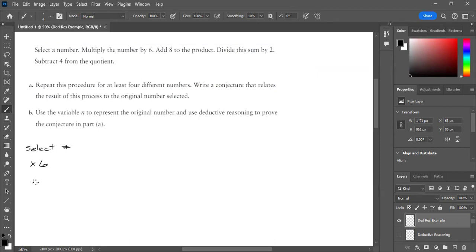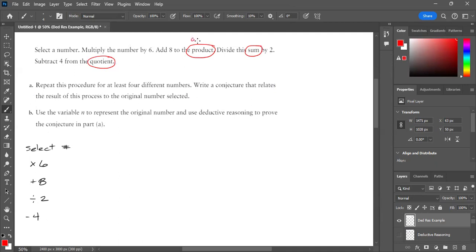And then they want us to add 8 to the product, divide that sum by 2, and subtract 4 from the quotient. Now, we used some words up here I want to make sure we talk about. Product, sum, and quotient.